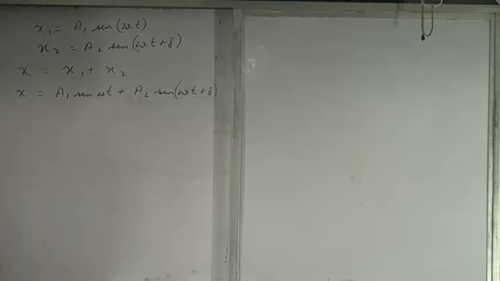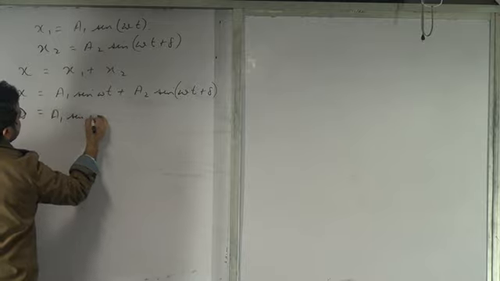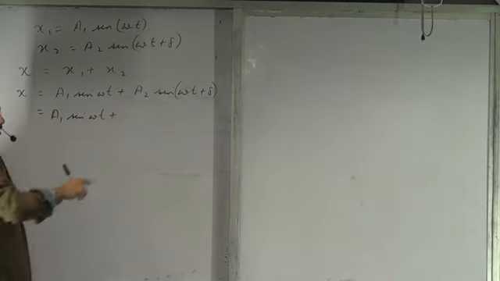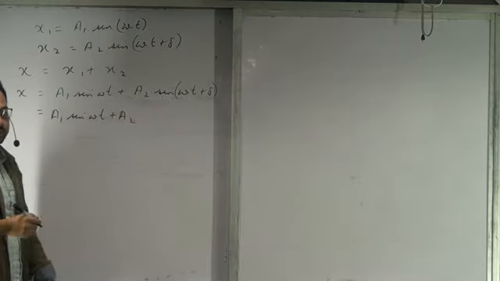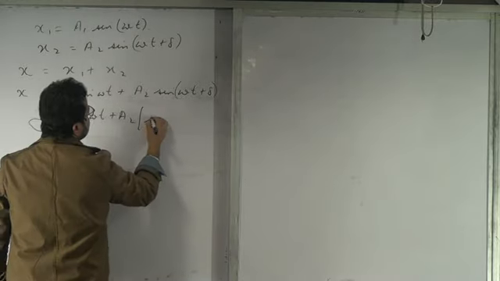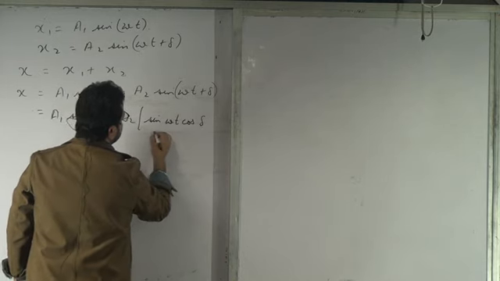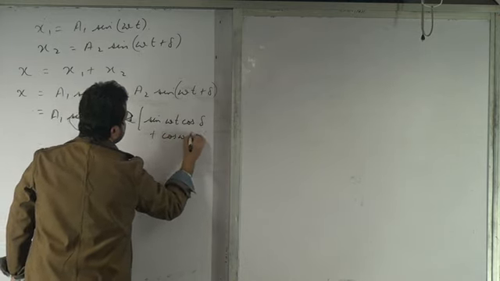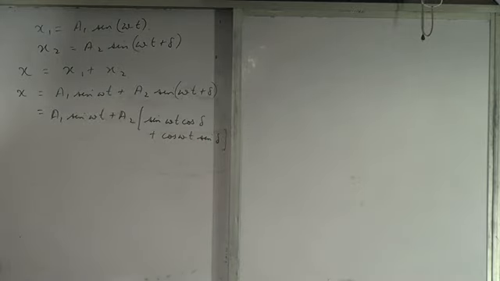Okay, and now we are going to manipulate it trigonometrically. And how are we going to do that? Something like this. So this will become a1 sine omega t. Now open this bracket. So basically this is sine (a plus b). So what is sine (a plus b)? It's sine a cos b plus cos a sine b. Is that correct? Okay.